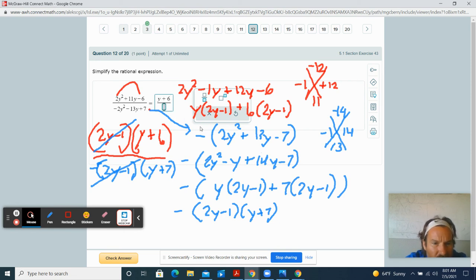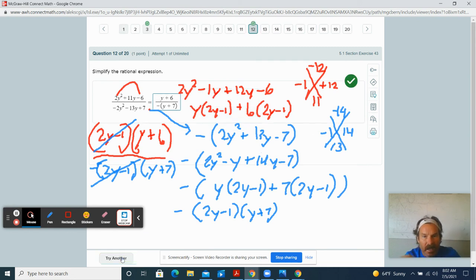On the bottom, though, I'm going to write the negative out in front and then start my parentheses and put the y plus 7. So now I have that negative there, which came out at the beginning, and I can check the answer. Okay, lots of factoring, lots of canceling, and that's basically how you're going to do it.